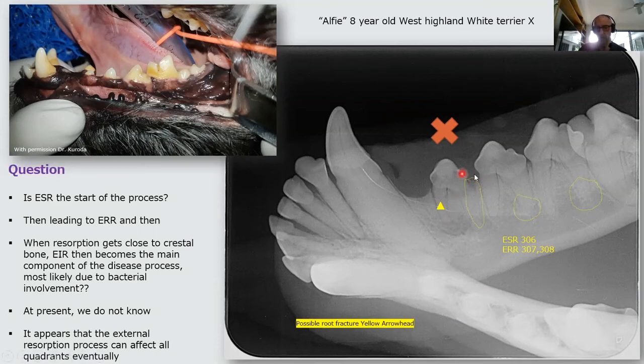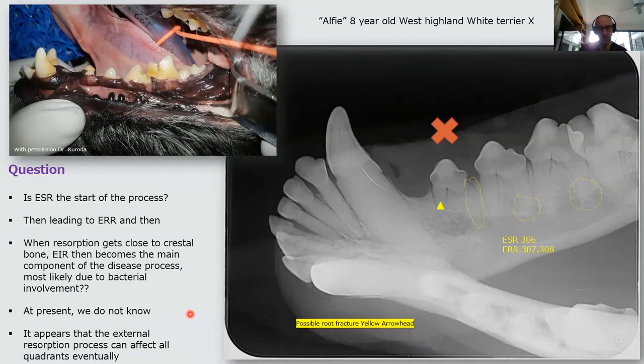When the resorptive lesion gets to the crestal bone level in the cervical area of the tooth, oral bacteria can become involved in the situation. But at present, we don't know the cause. We don't really know how the pathological process continues.